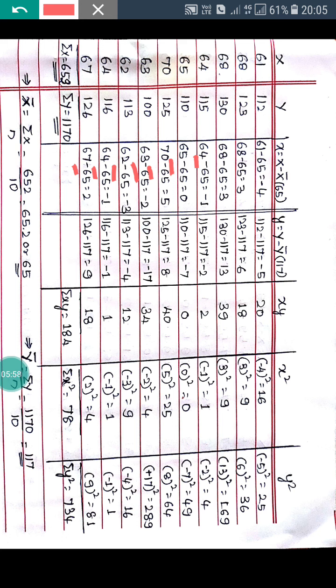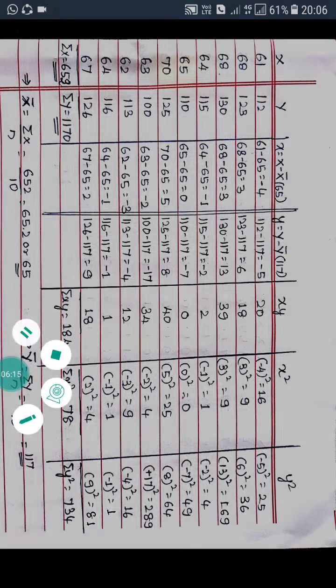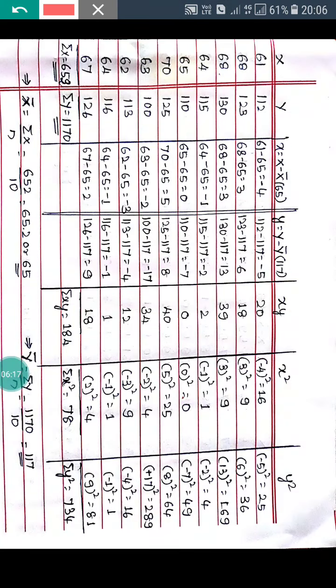Next we will move for the small y. If you want to find the small y value, the formula is y minus y bar. The y bar value is 117. The first value, 112 minus 117 is minus 5.